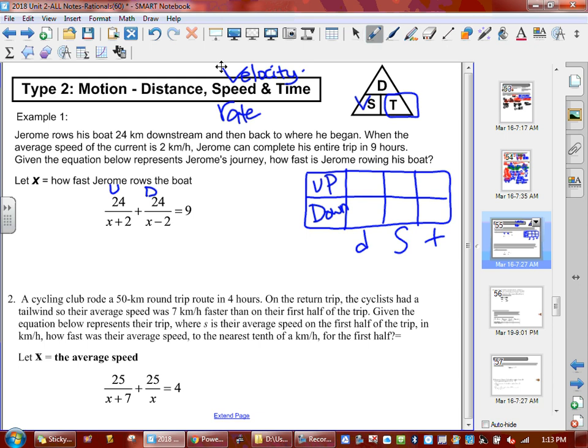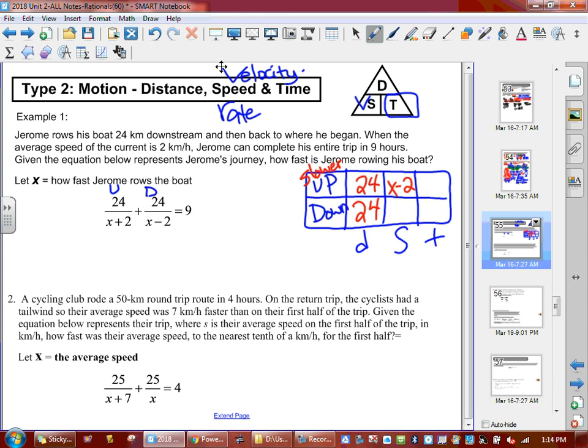So, he goes 24 kilometers both ways. That's why they're both 24. His speed, well, if you go upstream, you're going against the current. So is that faster or slower? Slower, good. So since upstream is slower, it's going to be x minus 2.